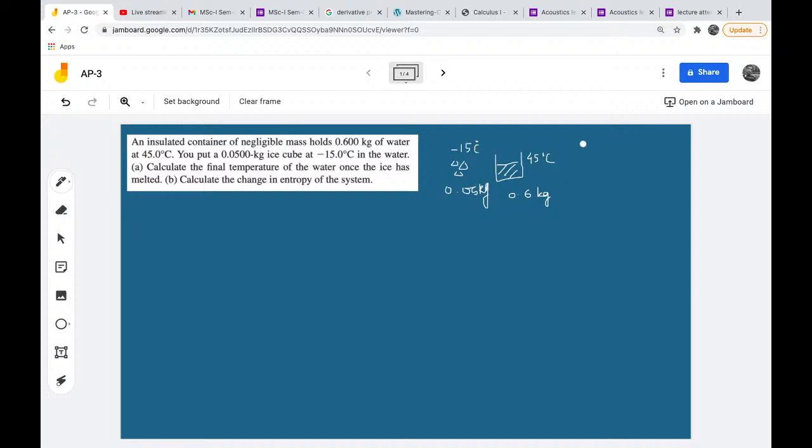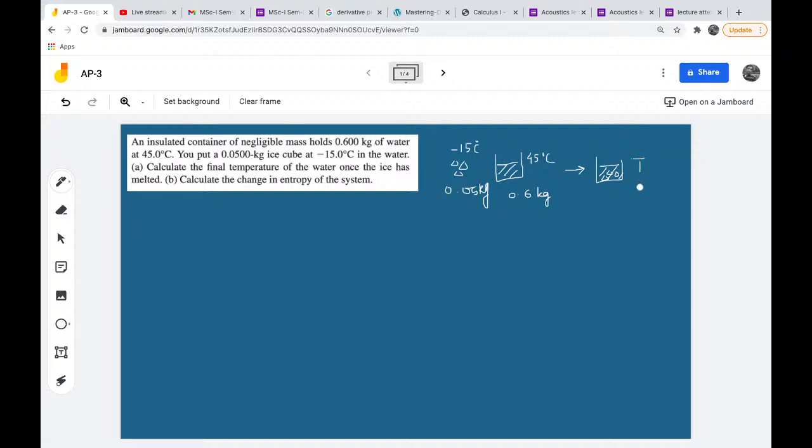So then you mix them into one. From this situation, you go to another situation where you put both things together, and you have to find out the final temperature.